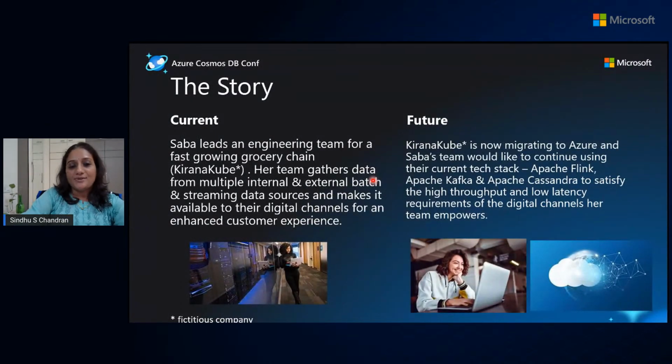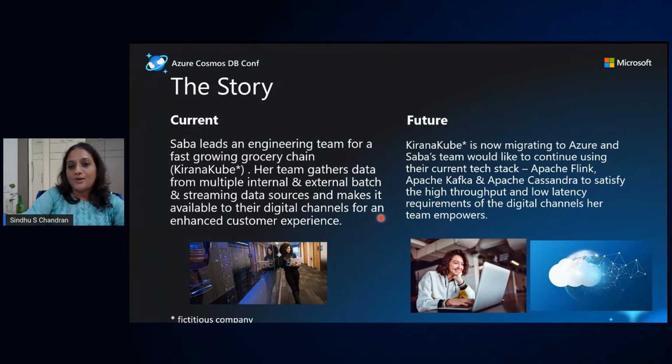So to give some context to what I'm going to talk about, this is a fictitious company called Kirana Cube. Kirana stands for your neighborhood store, community store, and this is again a customer 360 kind of use case where they get data from multiple data sources, internal and external sources, batch and streaming data sources, and they have a need to make it available to their digital channels to provide an enhanced customer experience.